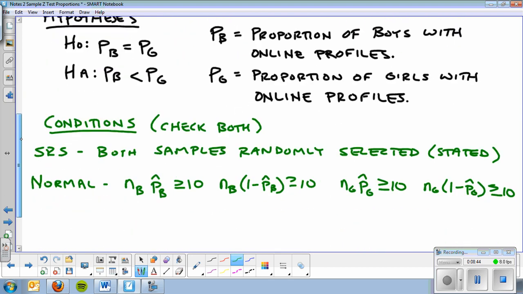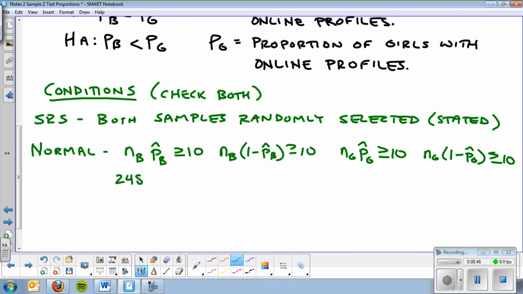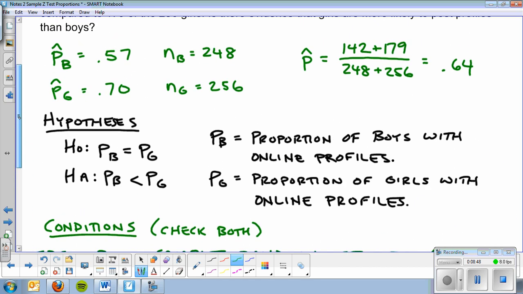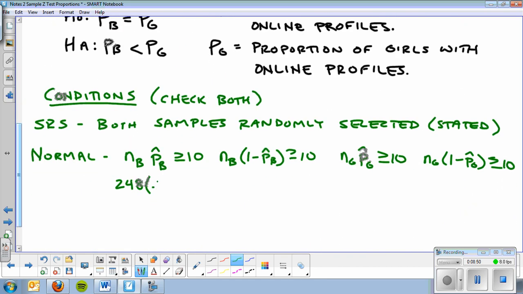All right, NB, so 248 times 0.57. And 248 times 0.43, that's 1 minus, and both of those are over 10. 248 times 0.57 gives me 141.36. 248 times 0.43 gives me 106.64.